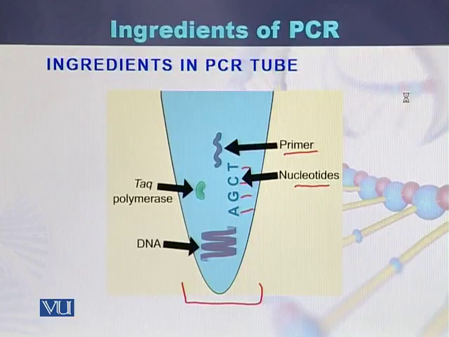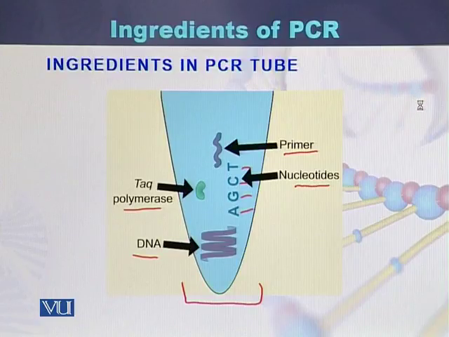Collectively they are called dNTPs. This is the DNA, which is also called template DNA. This is the DNA whose copies have to be prepared. Taq DNA polymerase is the enzyme that actually amplifies the DNA.